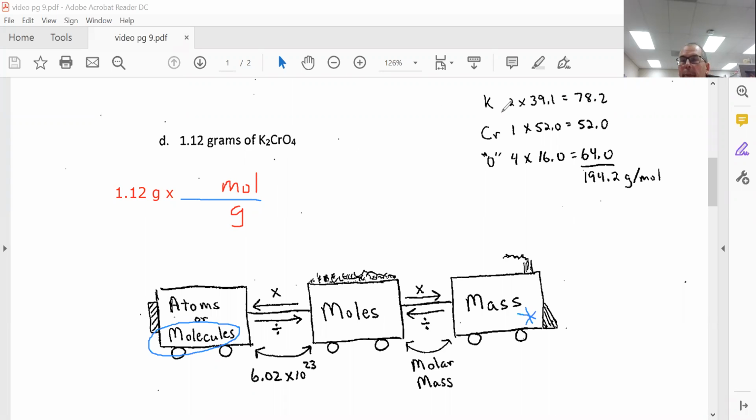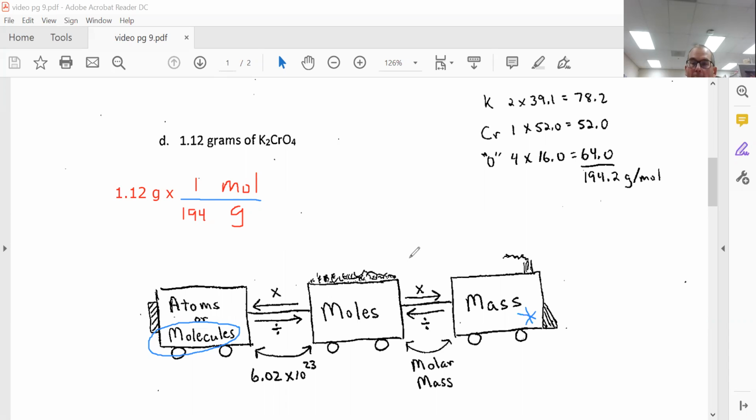For K2CrO4, we'd have to figure out the molar mass. Oh, wait, it's right here. I only have 3 figures, so I can round that. I'm going to put 194 grams right here, and I'm going to put 1 mole here. So there are 194 grams in 1 mole.